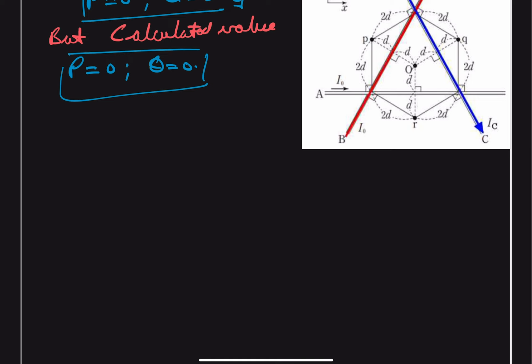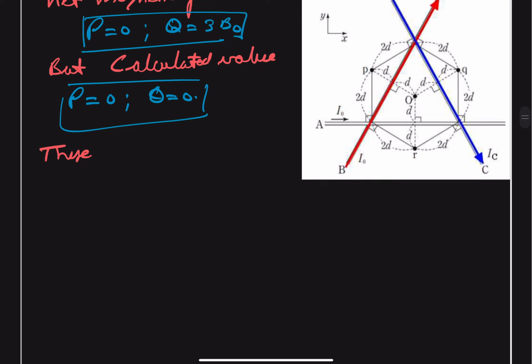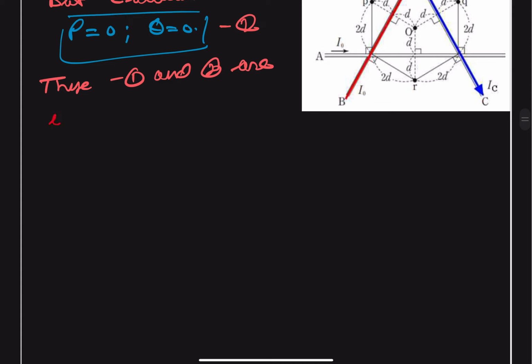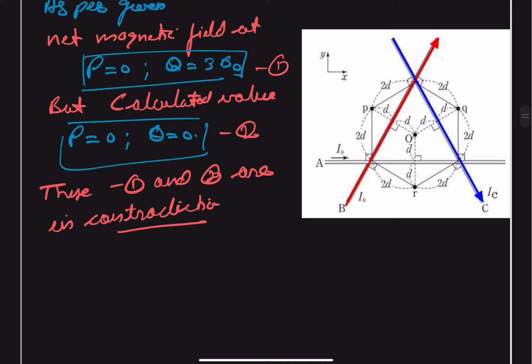Let us call this 1 and this 2. These 1 and 2 are in contradiction. So it means we cannot have the value of IC as I naught, because that results in a formulation that does not match.